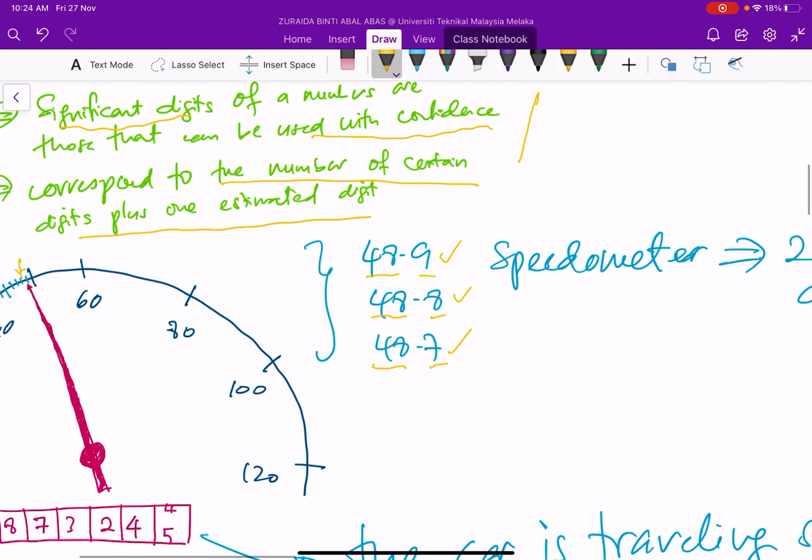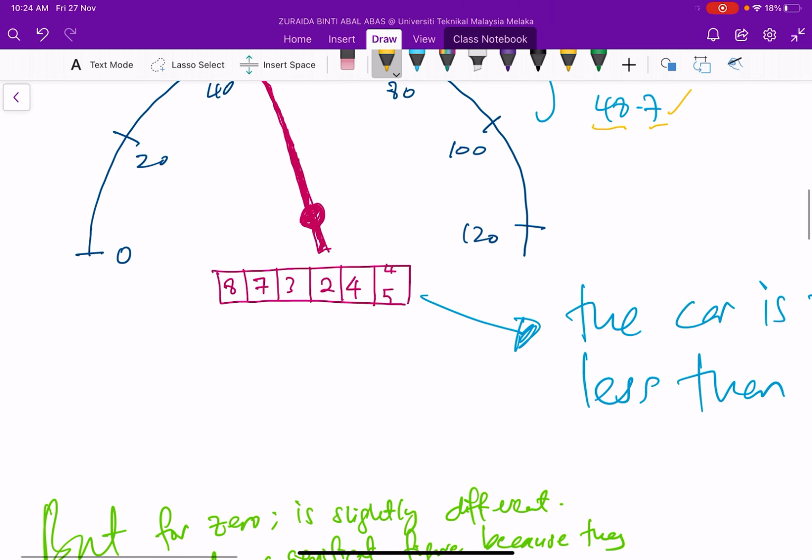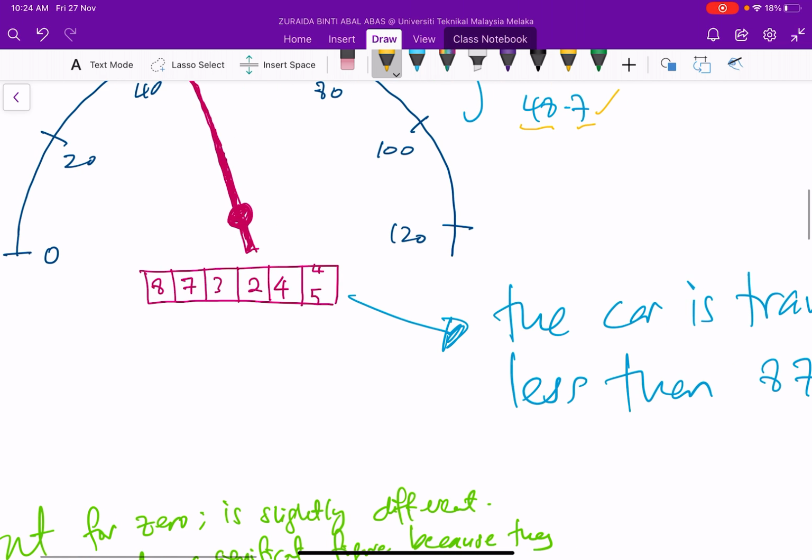Let's say you have this odometer, and this car has traveled about 87,324.4 kilometers, but it is not yet 0.5.